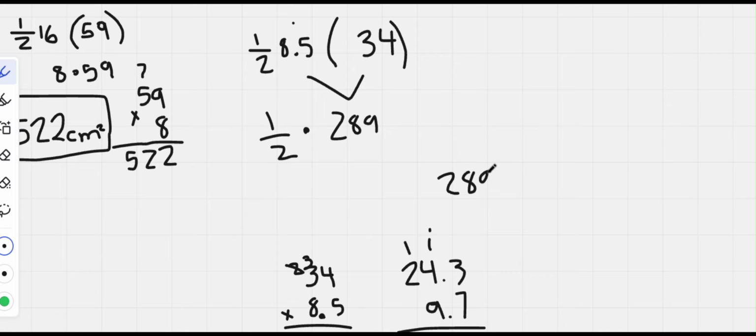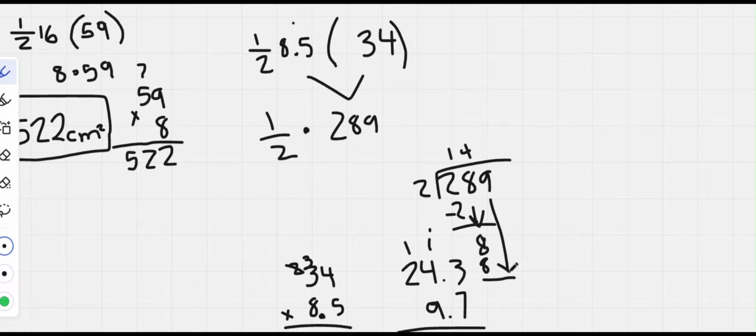Some of us can do it in our head, but let's check. 2 goes into 2 once. 2 goes into 8 4 times. Bring our 8 down. Now we bring down our 9. 2 goes into 9 4 times. 9 minus 8.